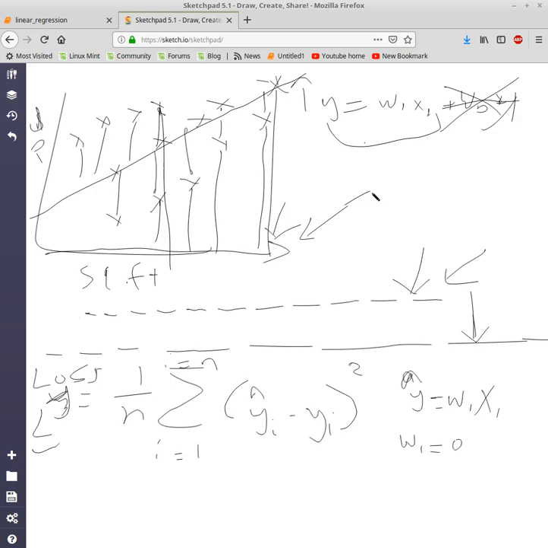When we know that, then we can iteratively take a step to change w1 in the direction that will decrease the loss function, and we can update w1 there, and repeat over and over again until, hopefully, the loss is a small number. That's gradient descent. So let's do that here.